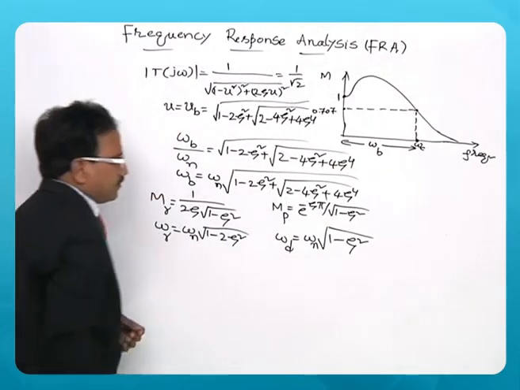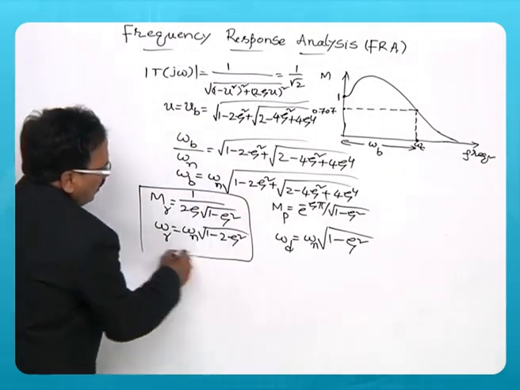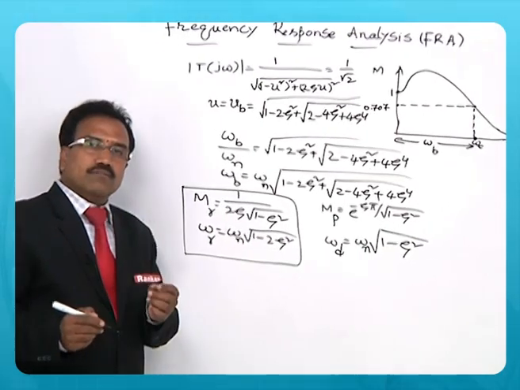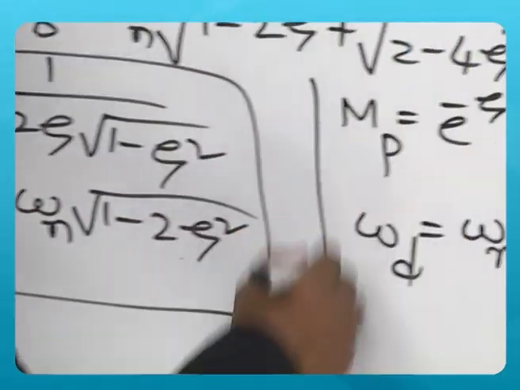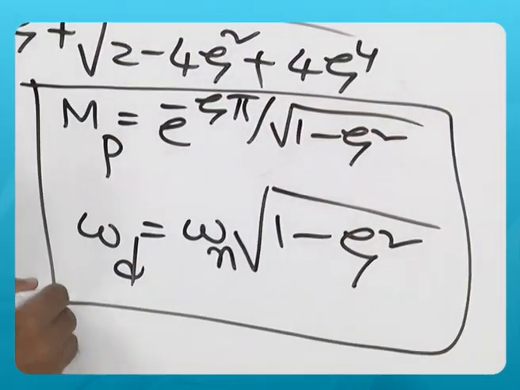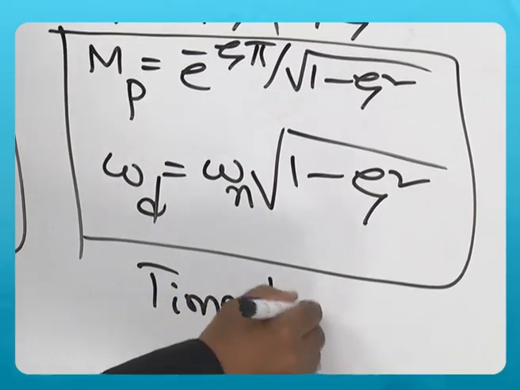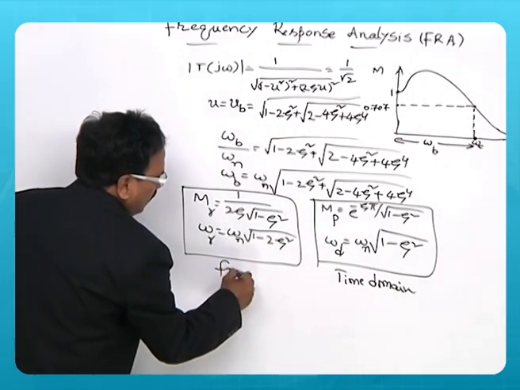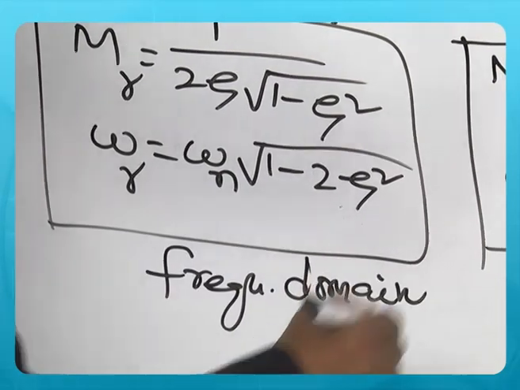So these terms are frequency response terms, magnitude and frequency at which the magnitude is maximum, and these two terms correspond to time domain approach. These two terms correspond to frequency domain approach.